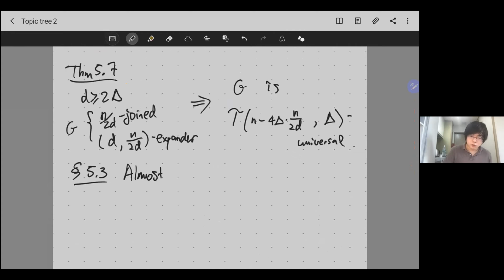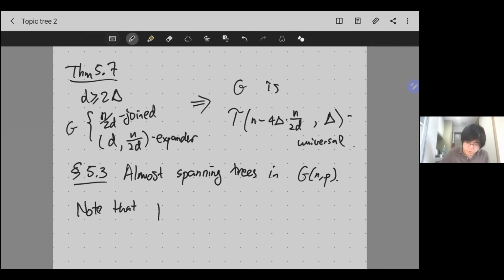So let's look at almost spanning trees in G(n,p), in the random graph. If you want almost spanning trees, first of all, we need p to be at least some constant over n. Note that when p is less than 1 over n, even by an epsilon proportion, then almost surely all the components in G(n,p) only have logarithmic size.